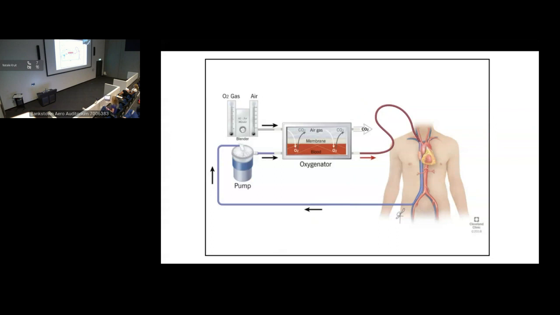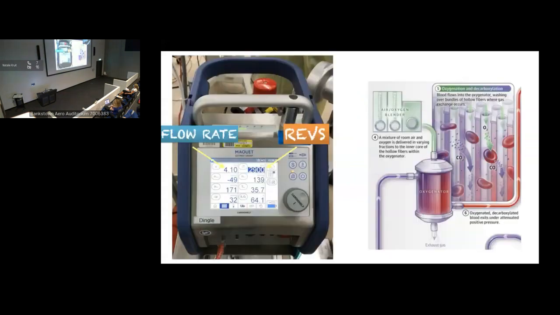Now, how much oxygen the machine will actually provide to the patient, though, is very dependent on how much of the patient's cardiac output you can actually capture with the membrane. So the two biggest factors that will determine this will be your cannula size, so the bigger the cannula, the more drainage you'll get, the better the flow, and your flow rate, which you can see illustrated on the left-hand side of the screen, that number, 4 litres per minute.